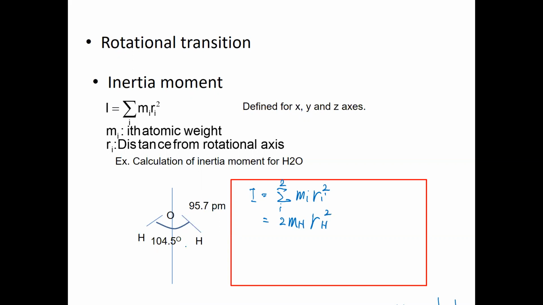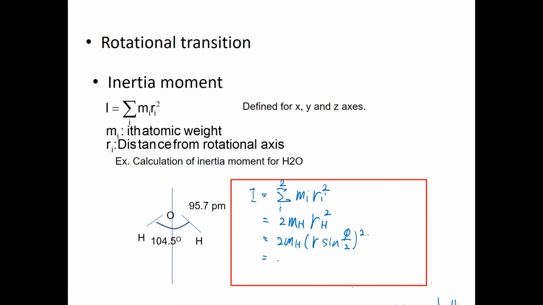We have equivalent hydrogens in terms of moment, so 2 m_H, and then r_H is, of course, r sine theta/2, squared.